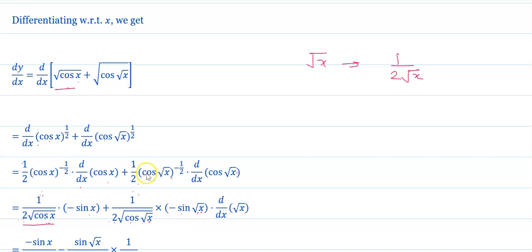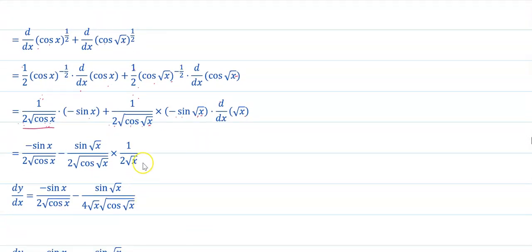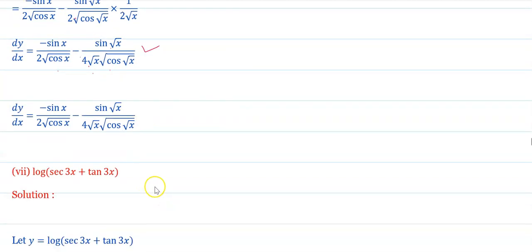Next, derivative of cos of root x, which is minus sine of root x, into again d/dx of root x, which is 1 upon 2 times root x. In normal simplification, it is minus sine x upon 2 root of cos x, minus sine of root x as it is, over 2 into 2, 4 root x into root of cos of root x, and this is the answer.